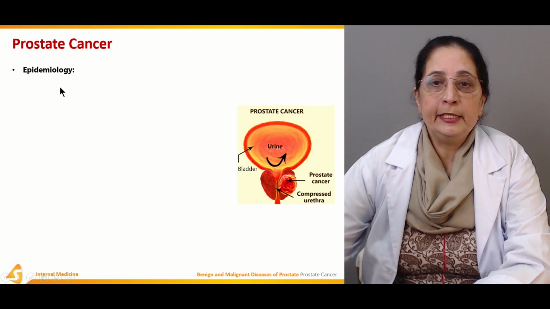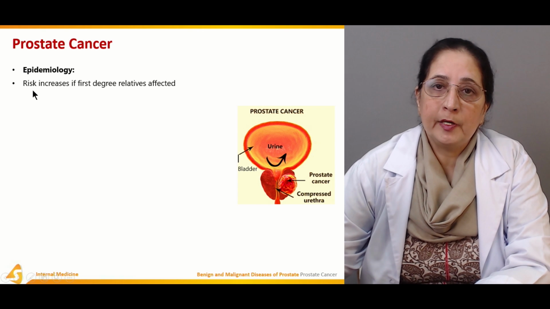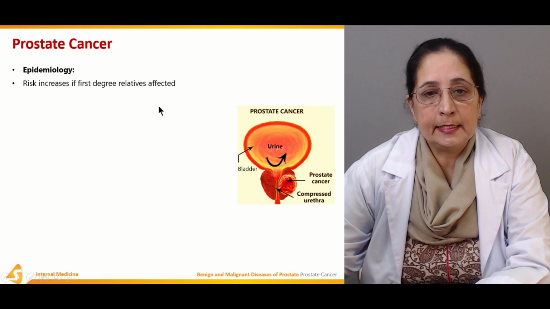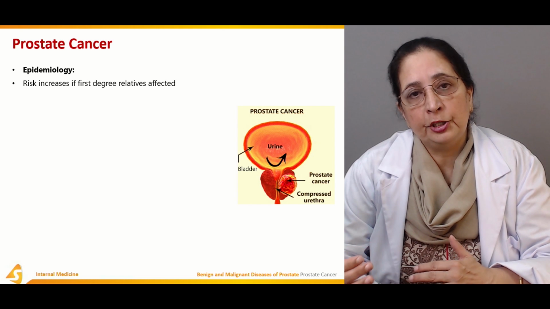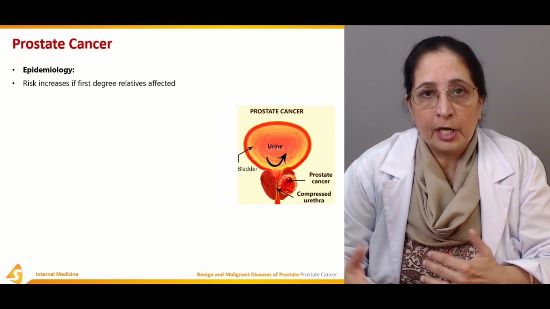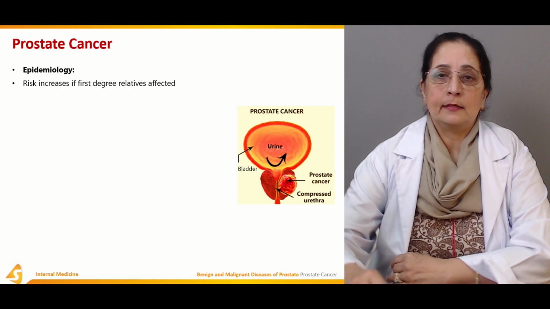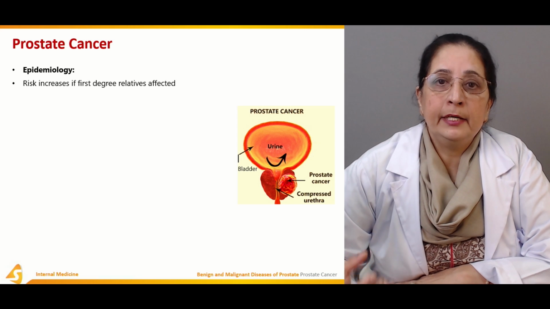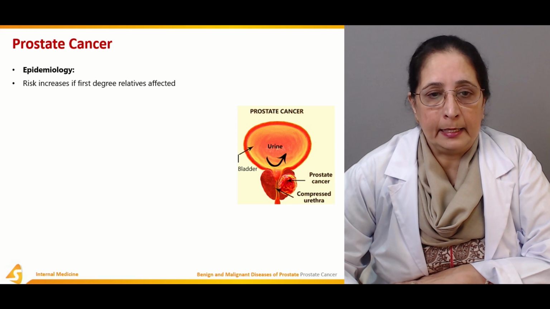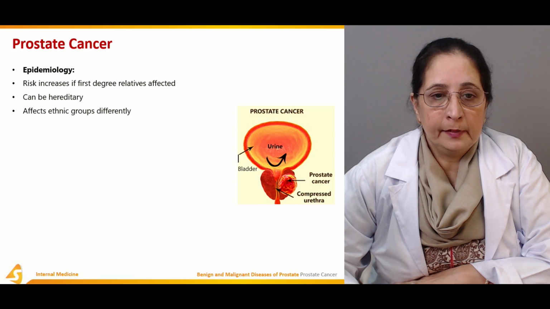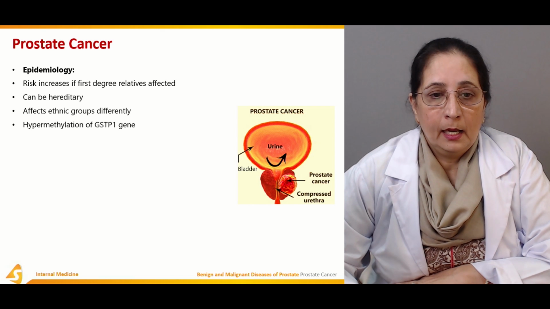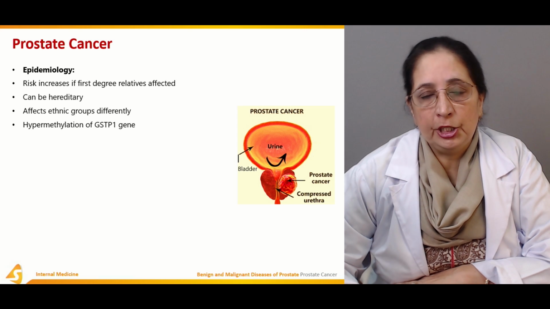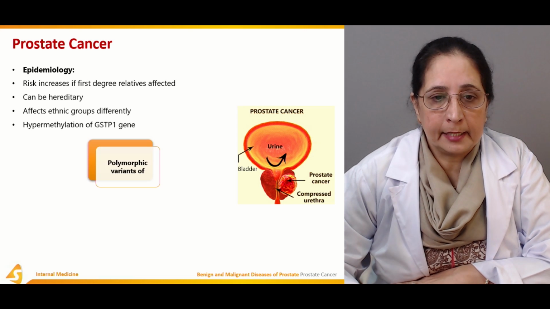Prostate cancer epidemiology is risk increases in first-degree relatives affected. So if first-degree relative is affected, the patient will have more chance of developing prostate cancer. So it has hereditary factor attached to the development. Can be hereditary, affects ethnic groups differently. Hypermethylation of GSDP1 gene is present in prostate cancer.